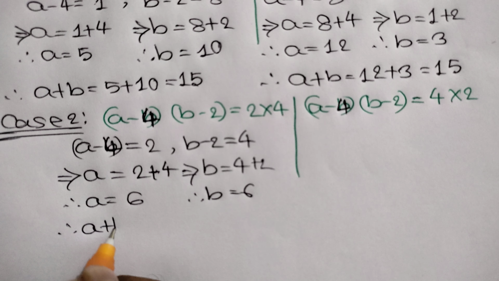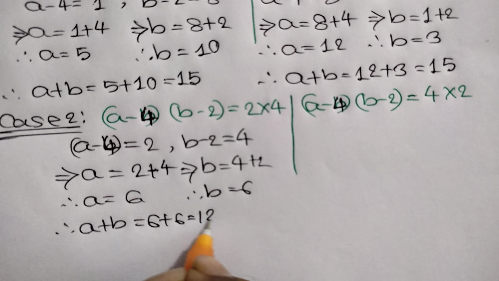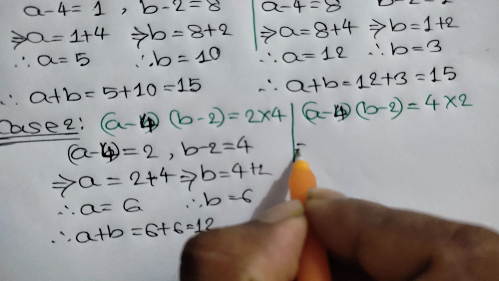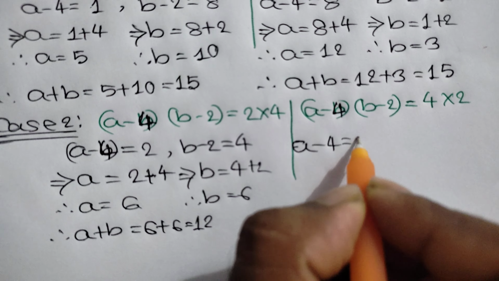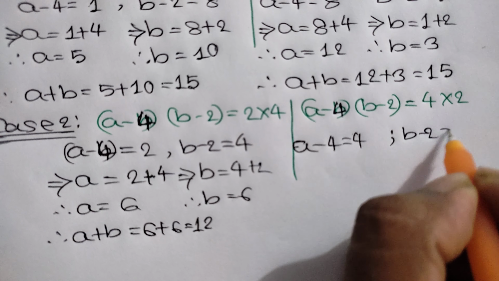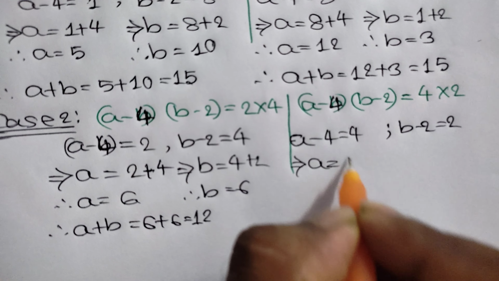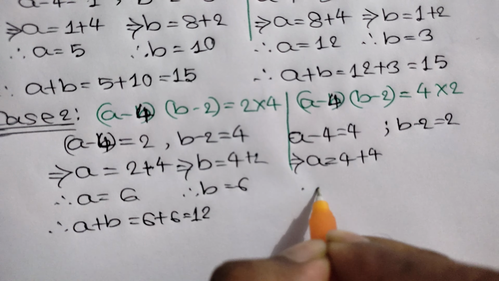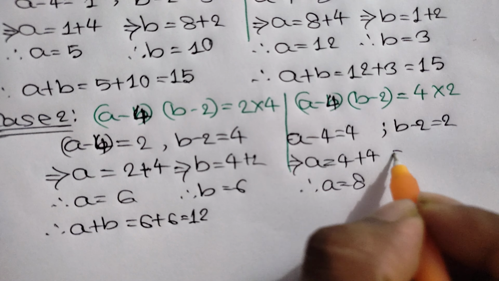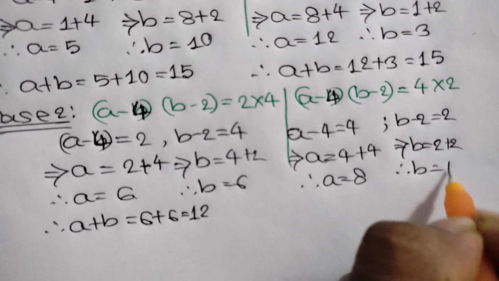So a plus b is equal to 6 plus 6 is equal to 12, and here we can write a minus 4 is equal to 4 and b minus 2 is equal to 2, or a is equal to 4 plus 4, so a is equal to 8, or b is equal to 2 plus 2, so b is equal to 4.